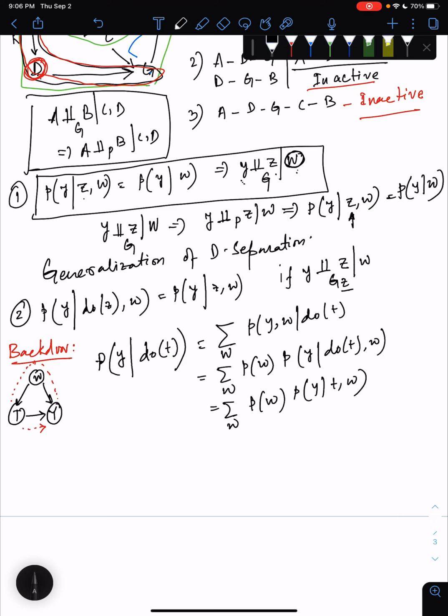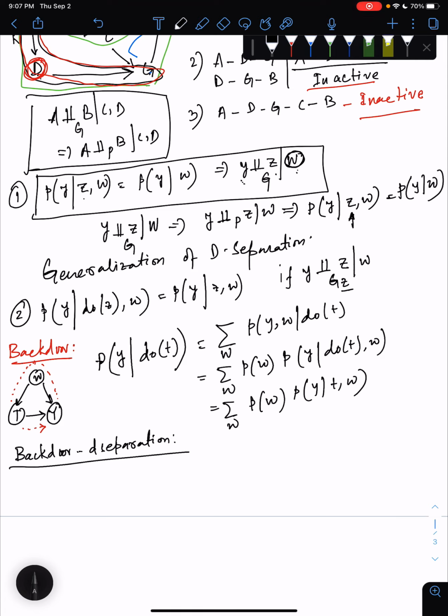Now, one of the things to ask is: what is the relationship between backdoor and d-separation? It's very simple.